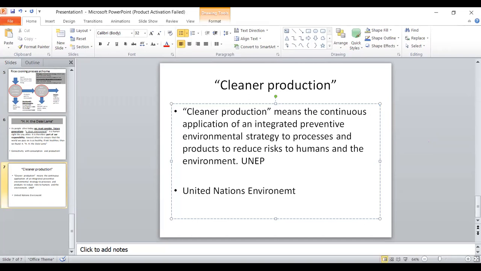They mention that cleaner production means something, because sustainable production has a connectivity with cleaner production.